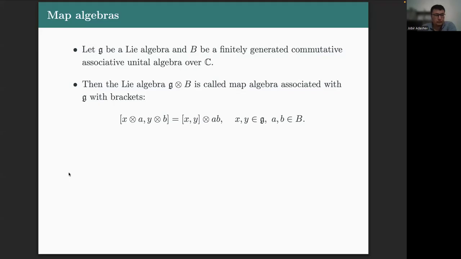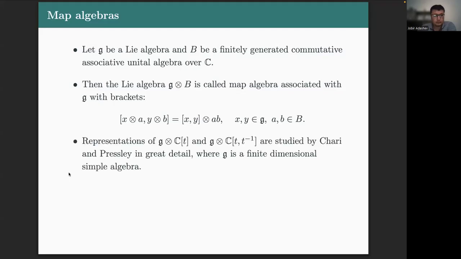This algebra is not studied arbitrarily; it has great importance. For example, for B equal to C[t] and G a finite dimensional simple Lie algebra, it was deeply studied by Chari and Pressley in 2001, where the birth of Weyl modules came from, a seminal paper in representation theory.